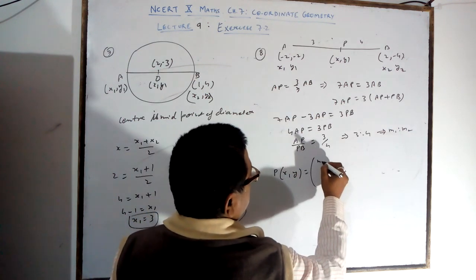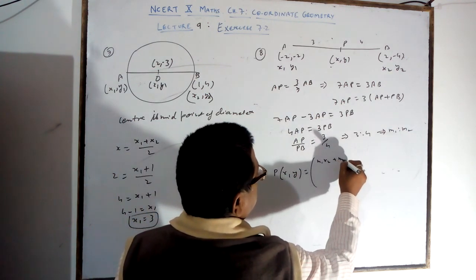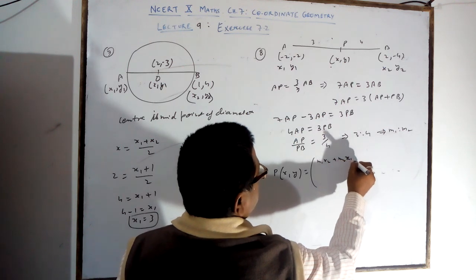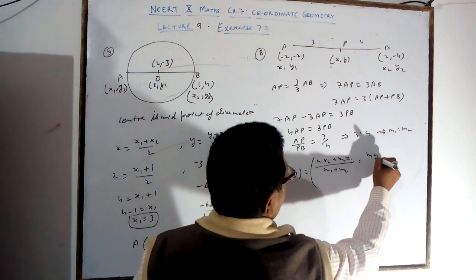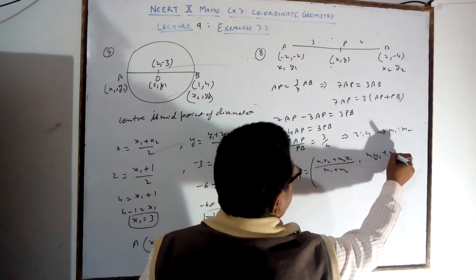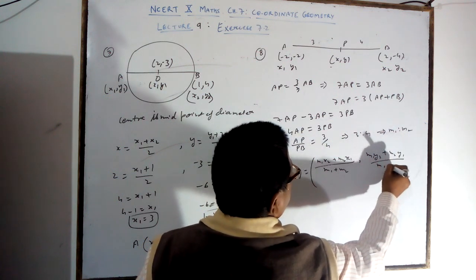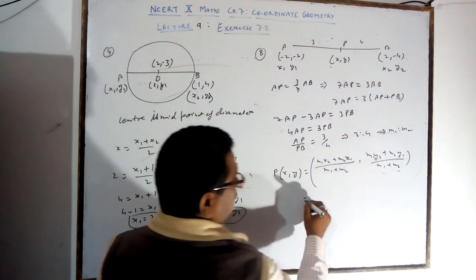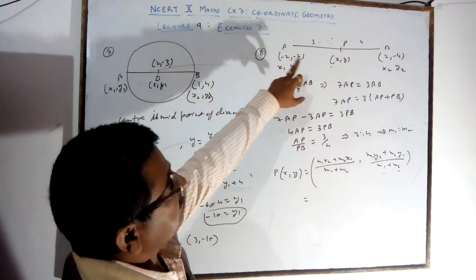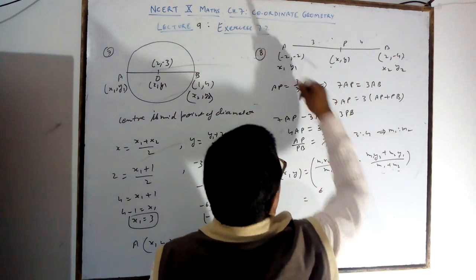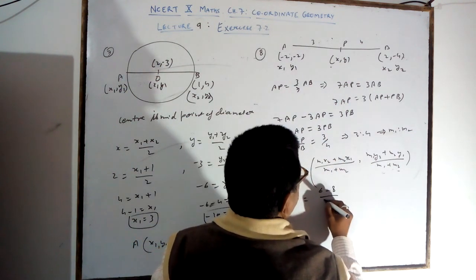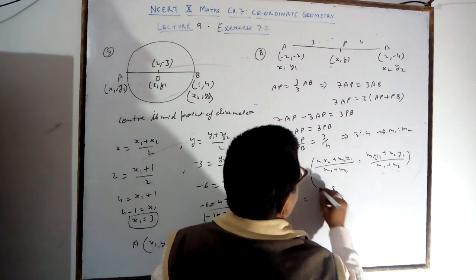Now apply the coordinate of P, that is x comma y: (M1 x2 plus M2 x1) divided by (M1 plus M2), and (M1 y2 plus M2 y1) divided by (M1 plus M2). Put the values. M1 is 3. 3 into 2 is 6, 4 into minus 2 is minus 8, by 3 plus 4.